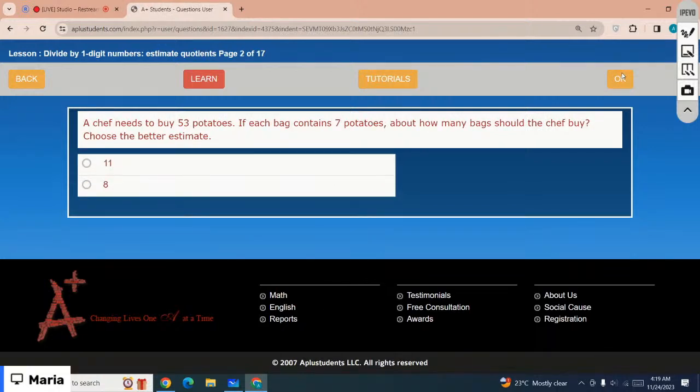Okay, a chef needs to buy 53 potatoes. If each bag contains 7 potatoes, about how many bags should the chef buy? Choose the better estimate. Which is the correct option, 11 or 8?